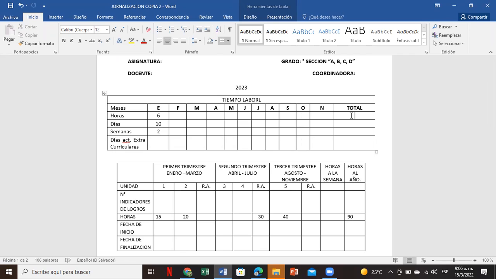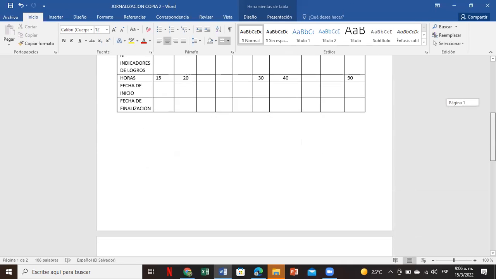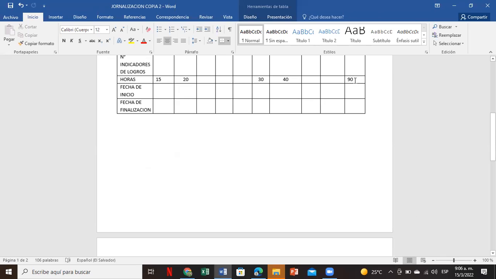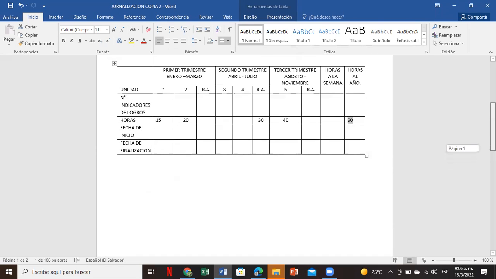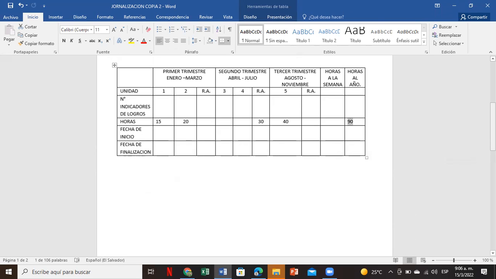It doesn't matter if you are going to divide it into 5 units, 6 units, 8, 10 or 12 units. But you have to reflect the same total up here and the same here. Okay? Another question? It's clear. Excellent. Thank you.